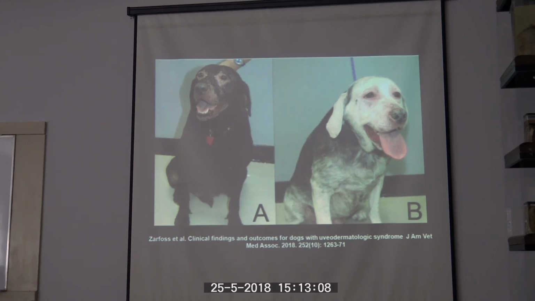And so there had already been several months between the supposed beginning and the biopsy in that particular case. In this dog, they pointed out that the dog eventually developed ocular lesions, but it was only 10 months after the skin lesions appeared. So it's something to keep in mind that sometimes you may only see the skin lesions first, and the ocular lesions may follow, but up to a year later.